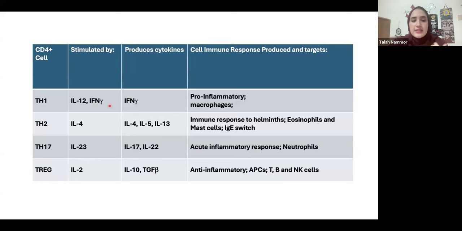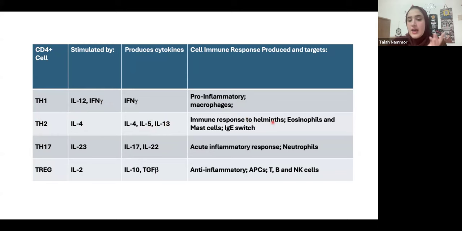T helper 2, it's stimulated by interleukin-4. You guys can see a pattern. It's stimulated by and it produces the same thing. It kind of stimulates itself. But I don't think this row is important. The most important thing is these guys. So T helper 2 cells will secrete interleukin-4, 5, and 13.